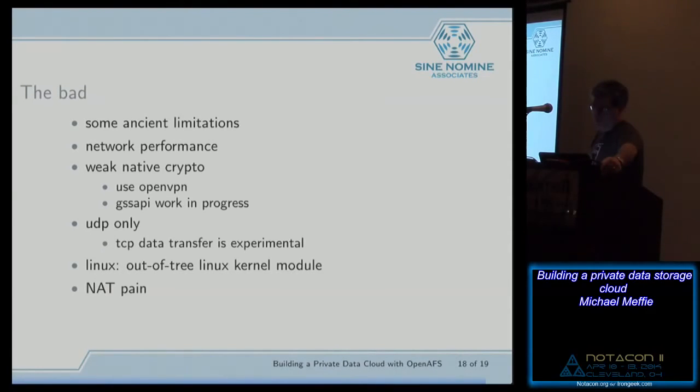Another problem with AFS currently is that the native cryptography used between the file server and the client is very weak, unfortunately. There's work in progress. Actually, there's a person at MIT who is developing a GSS API security class for AFS. This will allow us to have very strong encryption for the packets going back and forth between the client and server.